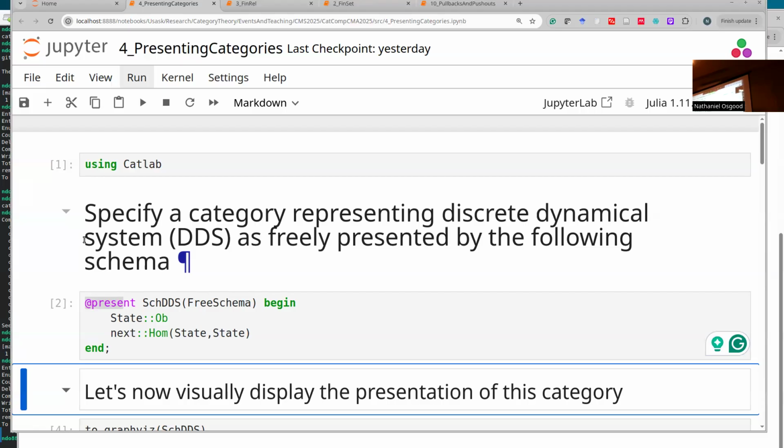Other than those laws which guarantee certain equivalence, if you have next composed with next, that will be another morphism. I just don't have to give it, but it's next squared. So this inner one is next, and this outer one is next squared, and there'll be another one, next cubed. All of that is implied by this being based on a free schema.